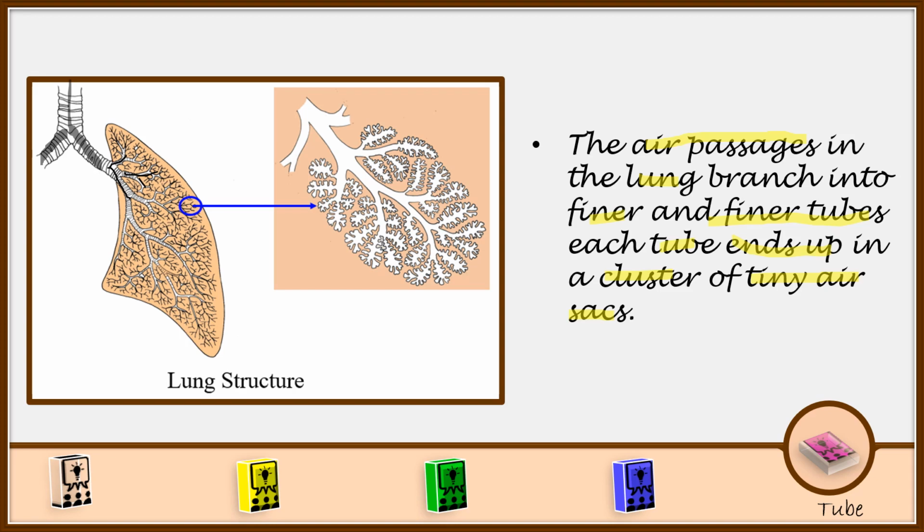When you magnify them, they end up in a cluster of tiny sacs, and those clusters of sacs are what we call the air sacs.